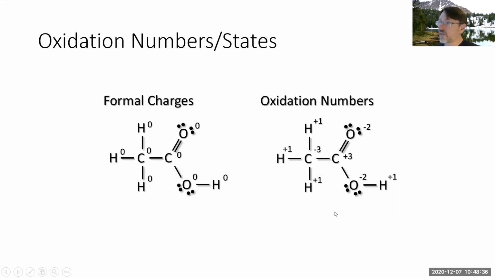So one of the things that oxidation numbers can do for you is help you predict what's going to happen in terms of reactivity. So what we can do is imagine that we're bringing into this molecule something that's negatively charged, like a hydroxide ion, and let's see what would happen.